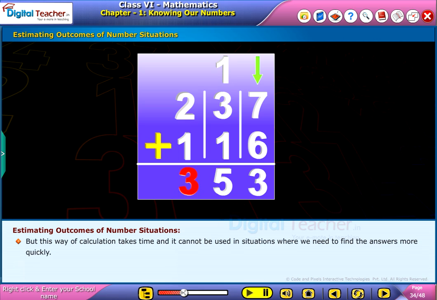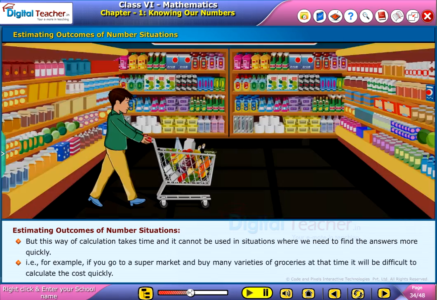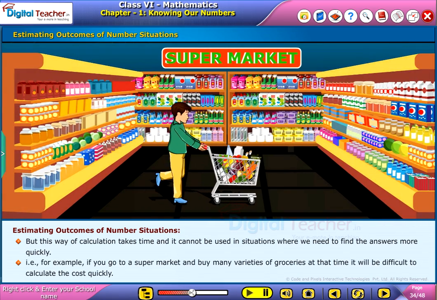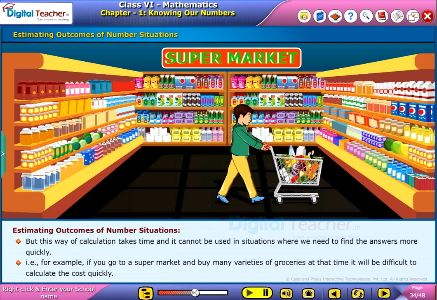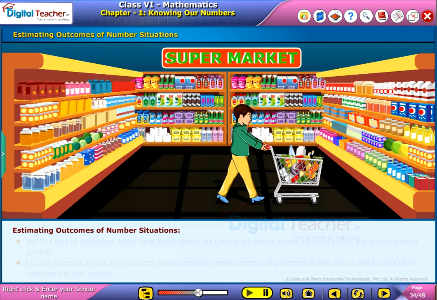But this way of calculation takes time and it cannot be used in situations where we need to find the answers more quickly. For example, if you go to a supermarket and buy many varieties of groceries, at that time, it will be difficult to calculate the cost quickly.